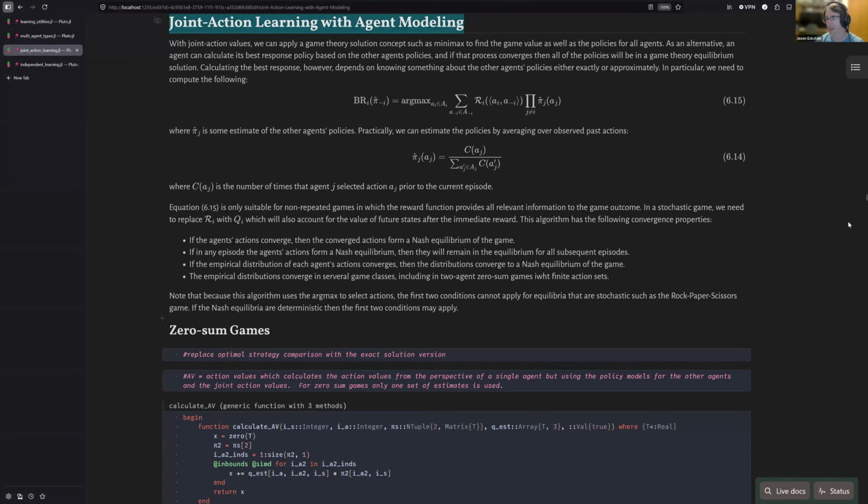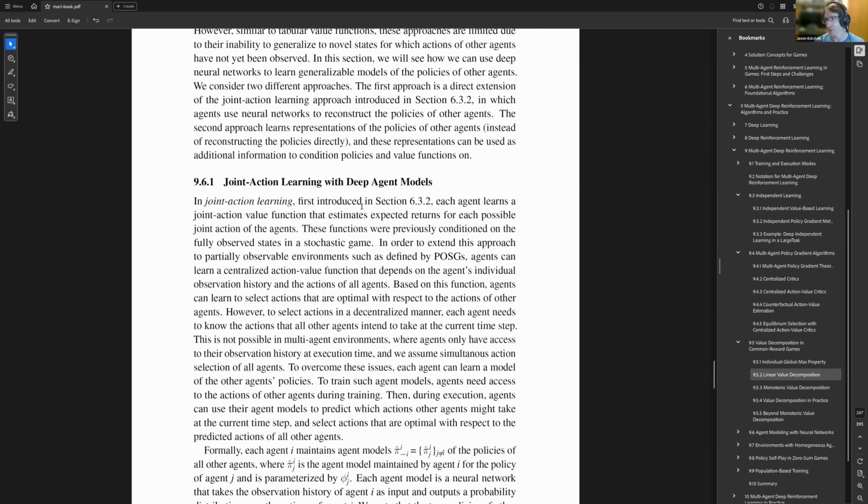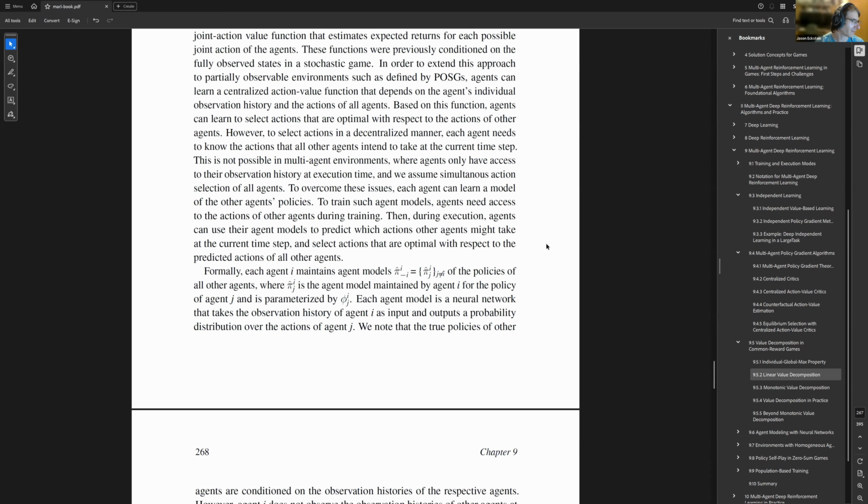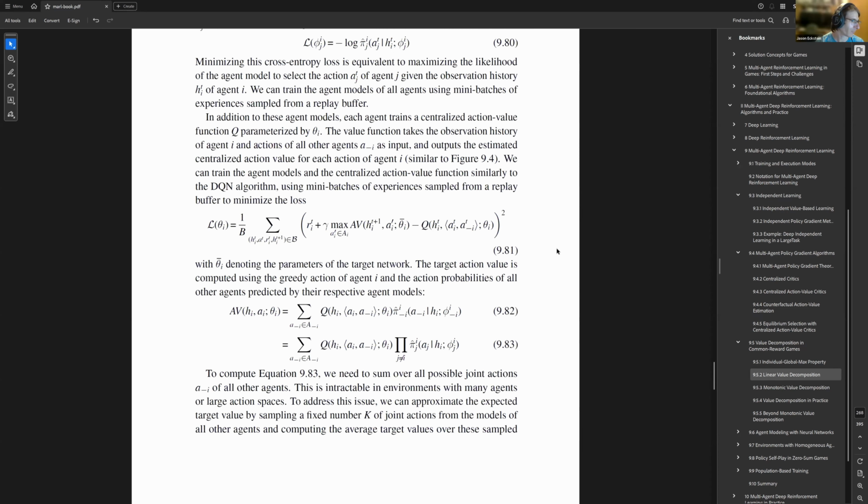And this has a lot of advantages. It can work well, although we do need to learn. I mean, we spent all this time explaining how we want to avoid learning joint action values, but then we're going to end up doing it anyway. So perhaps the joint action space is not too big to be a problem.